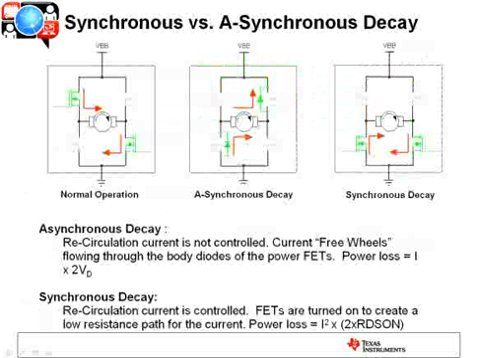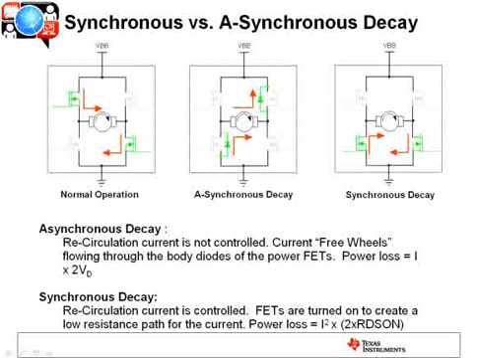This slide here is showing how the FETs are configured in a synchronous versus asynchronous decay mode. If we start with the first H bridge, that's normal operation. The high and low side FETs are turned on, the current is flowing, motor is spinning, everybody's happy. In an asynchronous decay, you've turned all 4 FETs off, but that current with the inductive load still has to flow.